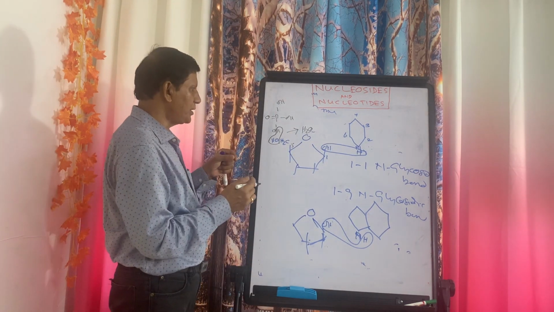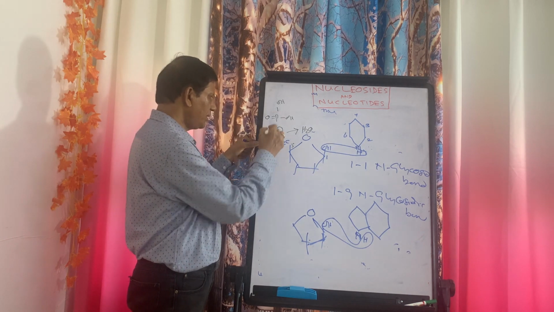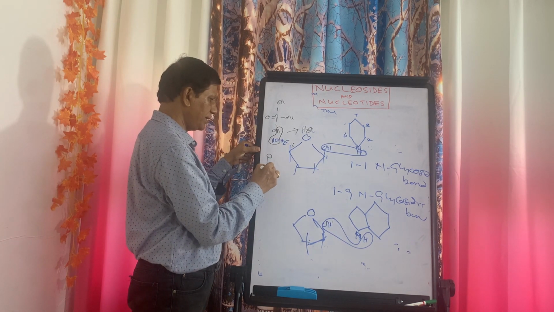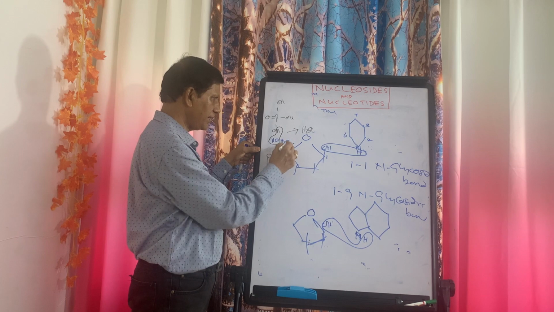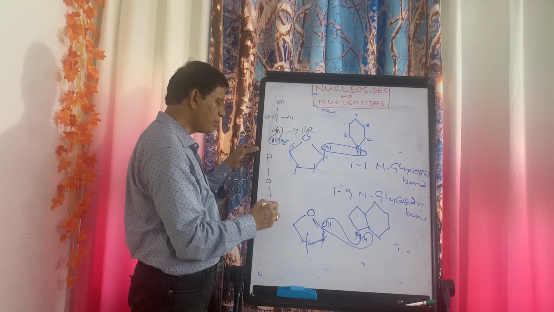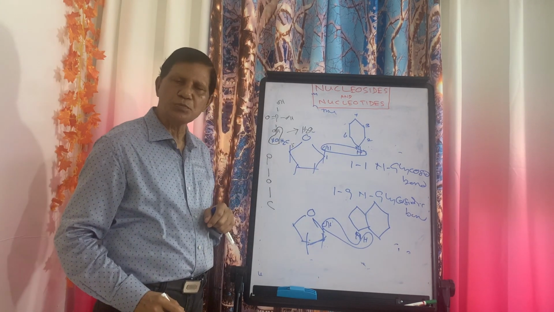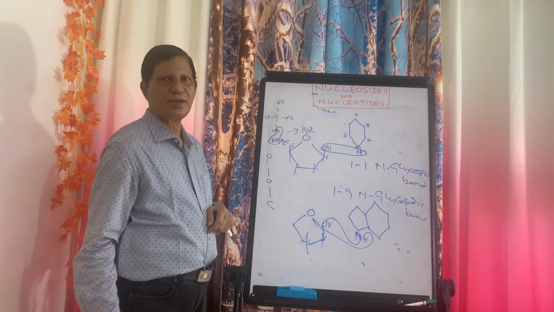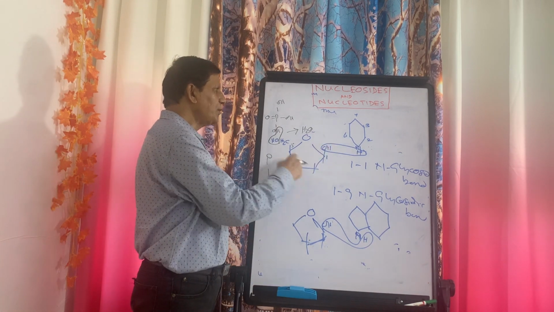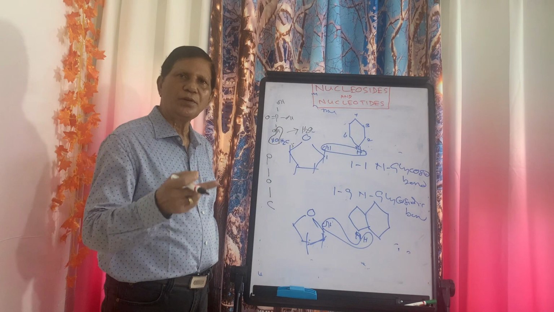Now, what happens, you see? Here there is phosphate, then there is oxygen, and here there is C. This bond is known as a phosphodiester bond. And now the nucleoside is converted to a nucleotide.